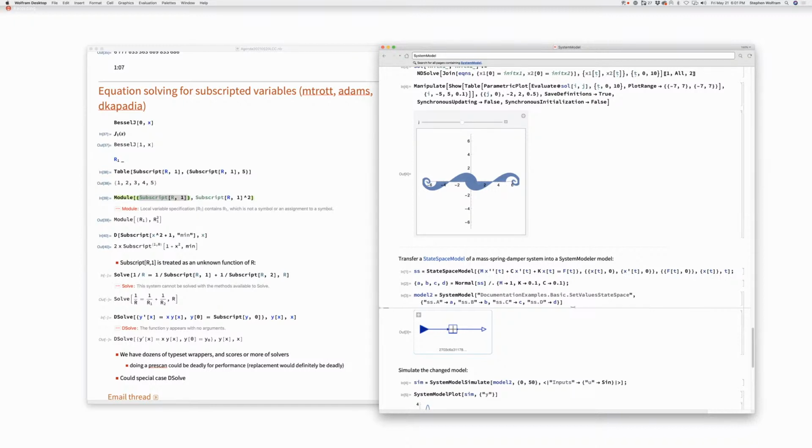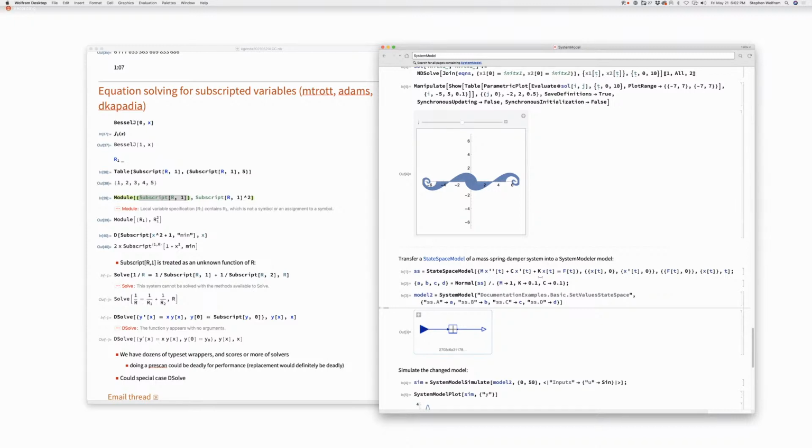I'm very confused. What are you talking about? Are you talking about System Modeler, or the more general case? In the System Modeler scenario, you have some state, a vector x, with x1 to x20, but you never have an individual x additionally floating around. Right. If we took the solve output with 1 over r, and instead of solving for r we called it 1 over little r and solved for little r, there wouldn't be any problem.